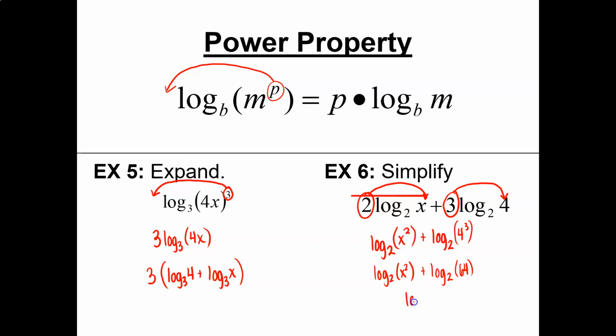So I would say log base 2 of, you could do x squared times 64, but that's not very standard notation. Normally we would put the coefficient first, so we'd normally write this 64 x squared. Okay, questions?